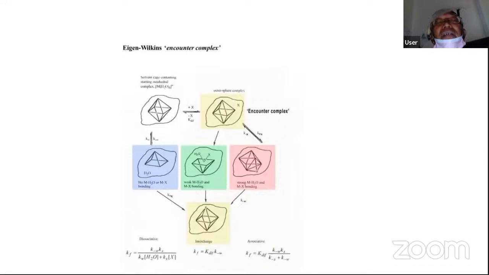Okay, this is just to show you again what happens during the interchange. When you have associative, your coordination number will increase, from 4 to 5, 6 to 7. So there is a change in geometry at the interchange. You have to consider the change in geometry.